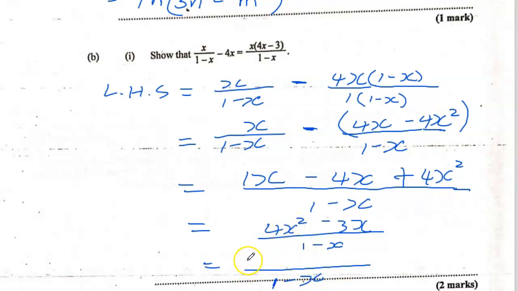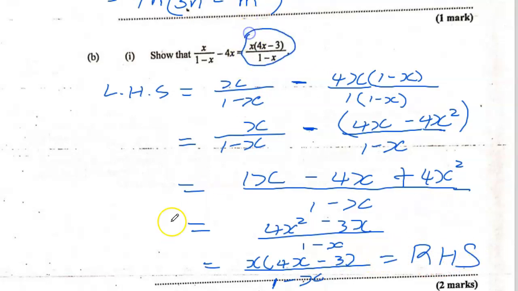If we factor out x in the numerator, we are left with 4x minus 3. Notice this is what the right hand side is equal to. Therefore, the proof is done.